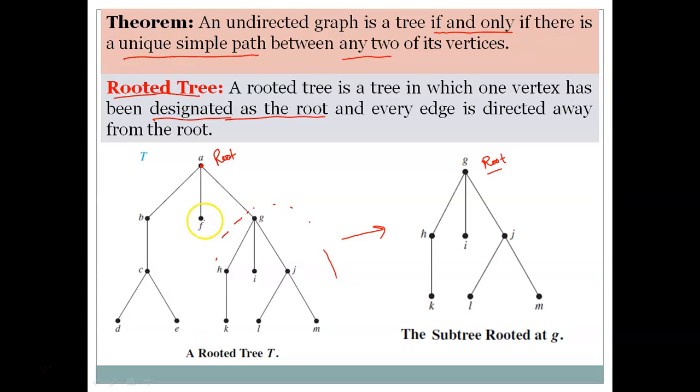So this vertex in this tree is a leaf. This F is a leaf. Further here, I has no further children, no further linkages, so this is a leaf. Similarly, D is a leaf, E is a leaf, the vertex K is a leaf, vertex L is a leaf, and vertex M is also a leaf.